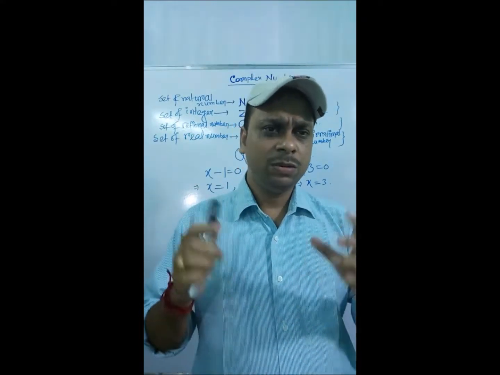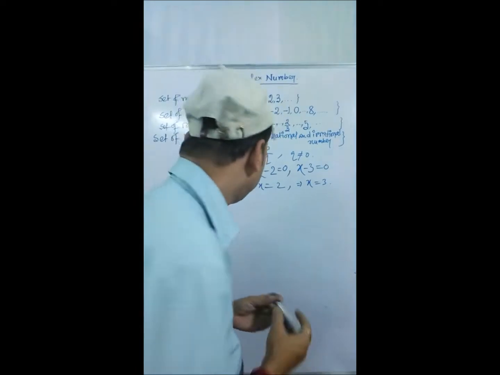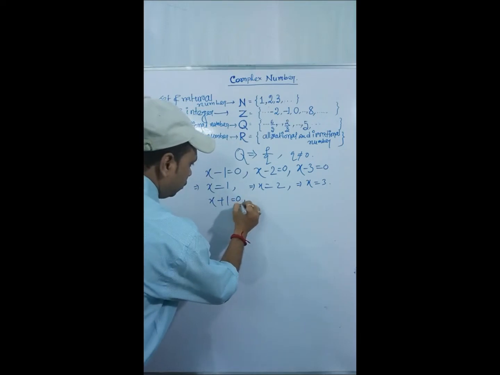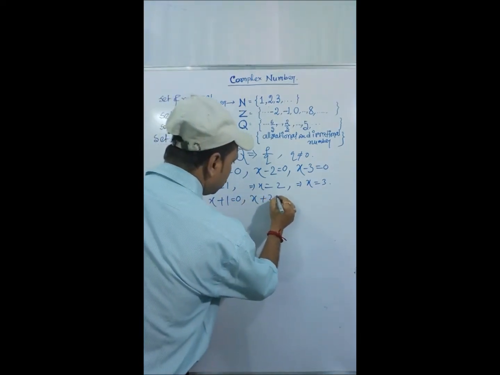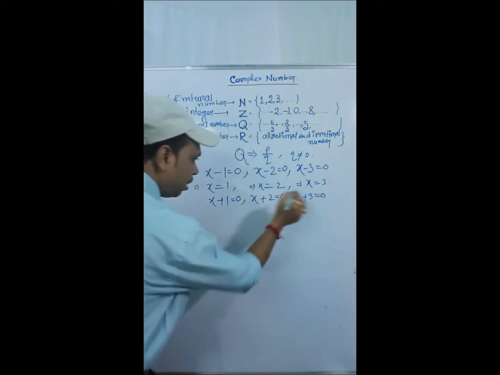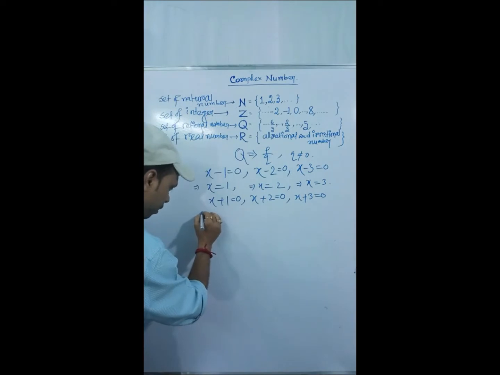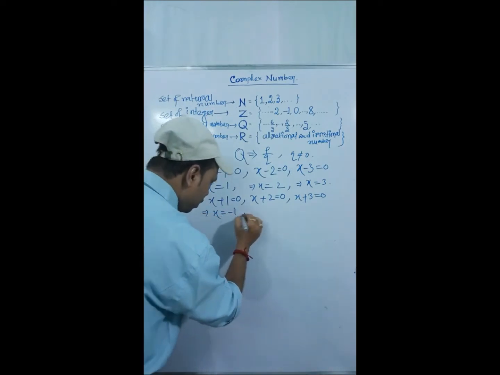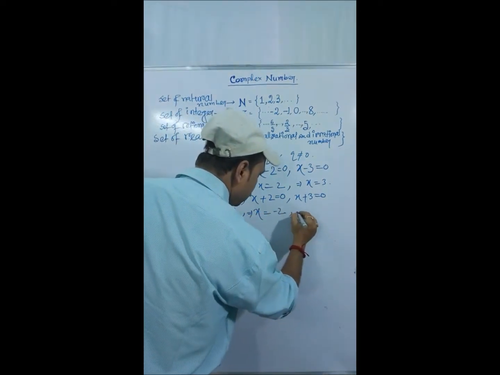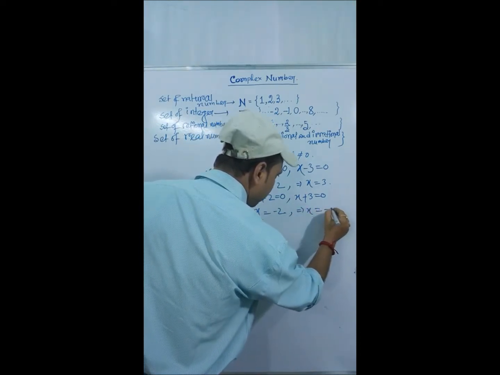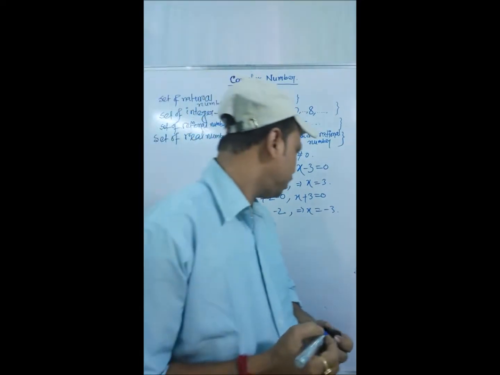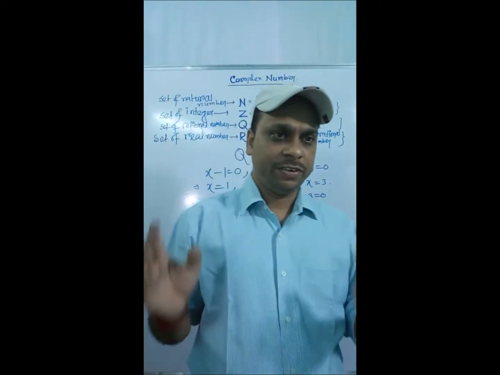Again, when the equations are written in the form x plus 1 equals 0, x plus 2 equals 0, x plus 3 equals 0. Solve these equations. We have x equals -1, x equals -2, x equals -3.